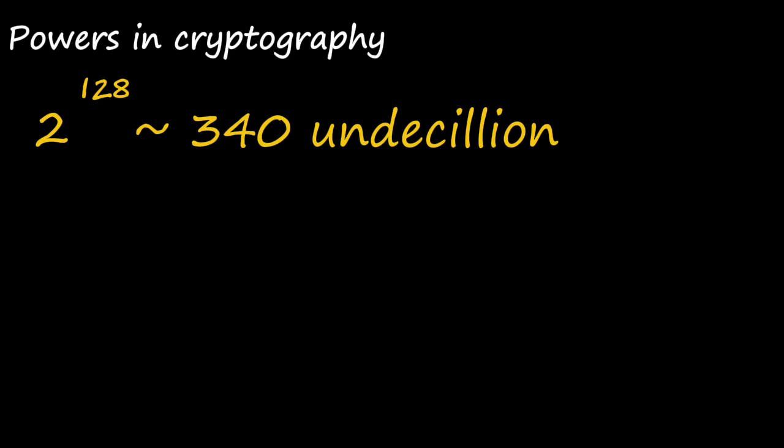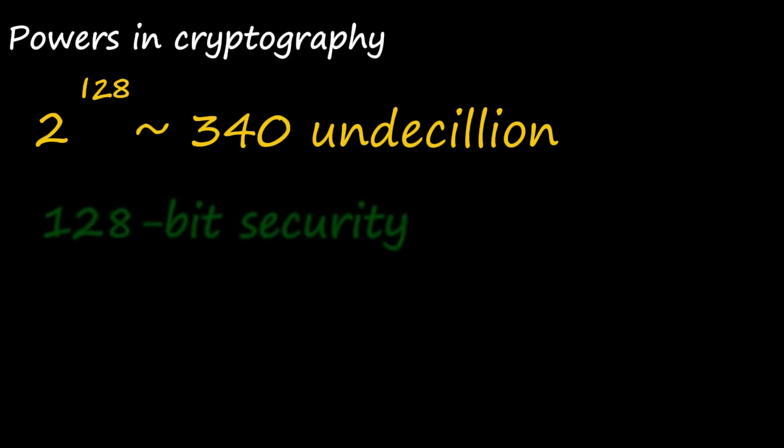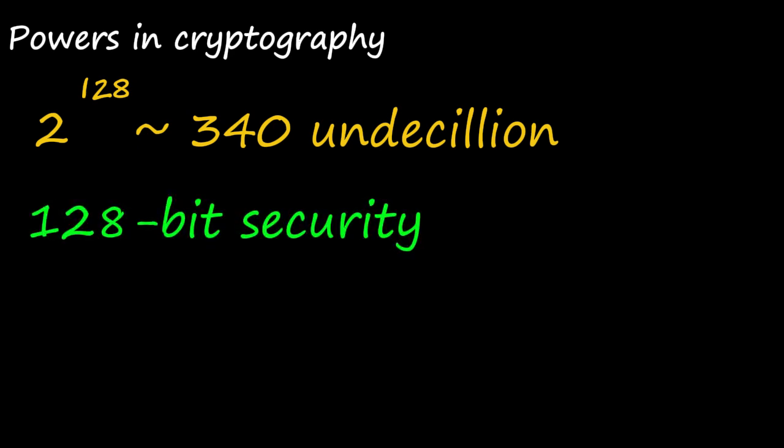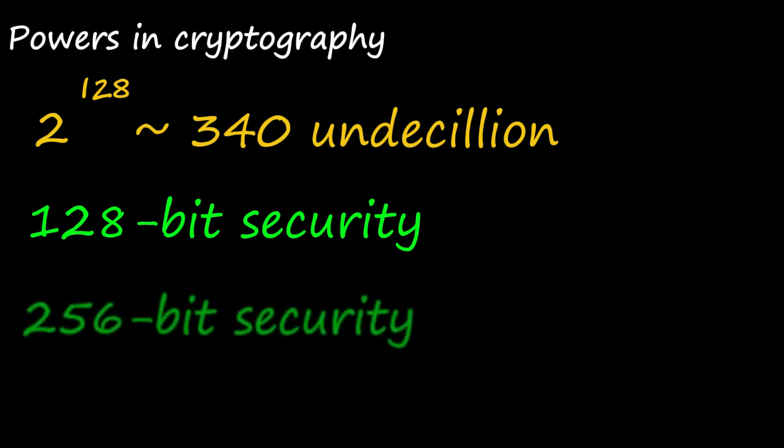Because if a hacker had to guess among 2 to the power of 128 possibilities, it would take an enormous amount of time. That's why we often hear terms like 128-bit security or 256-bit security. These security levels come directly from powers of 2. So powers are one of the reasons modern cryptography is secure.